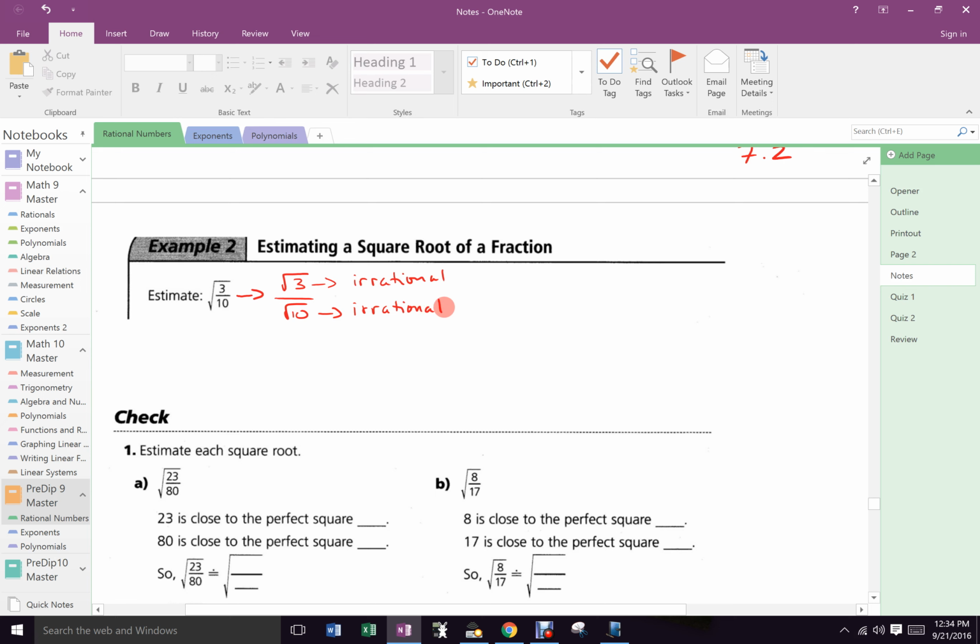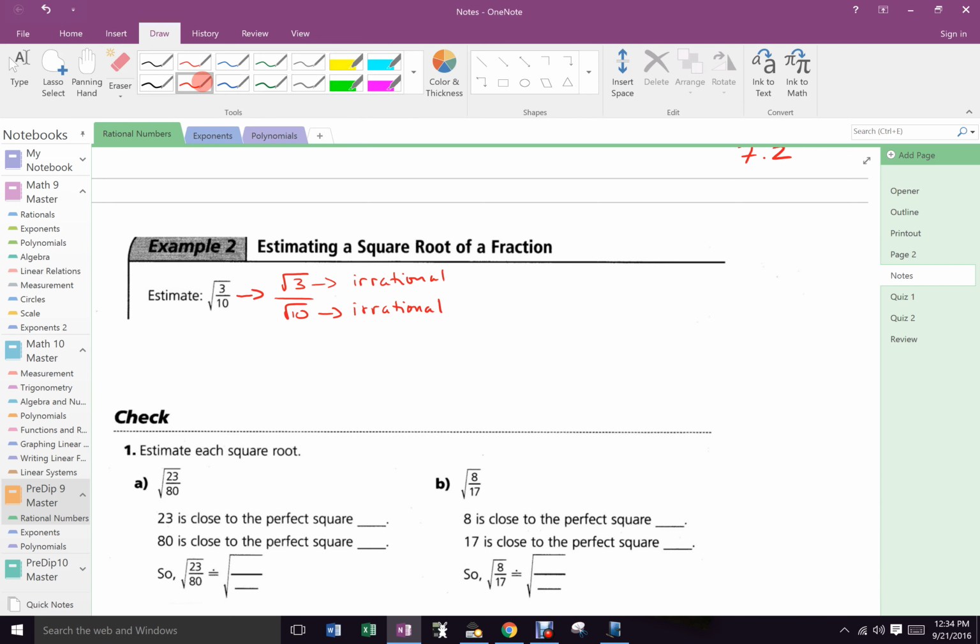So how will we estimate that square root? I'll give you a hint. We've already been doing it in the previous page. Sam. I wouldn't turn the 3 into a 2 because 2 does not have a square root. Oh, excellent.